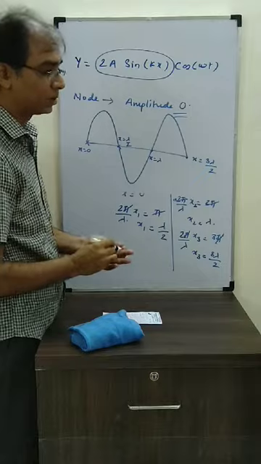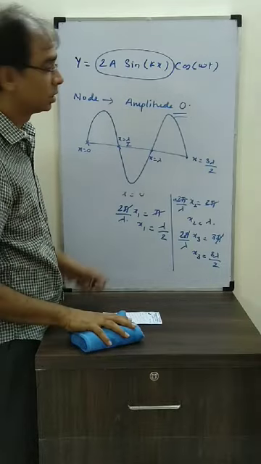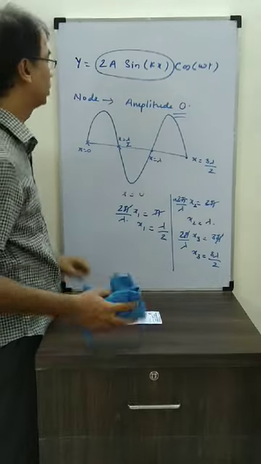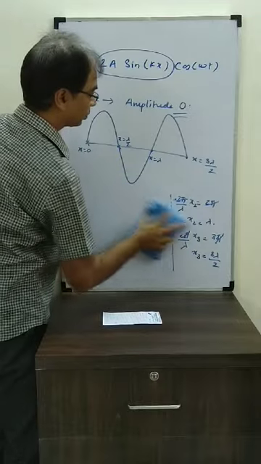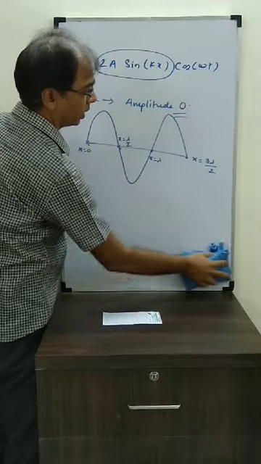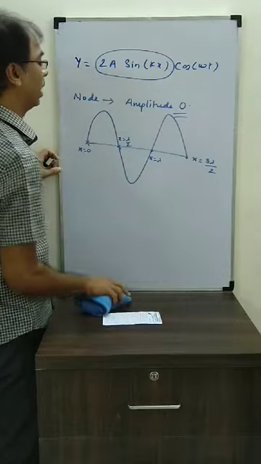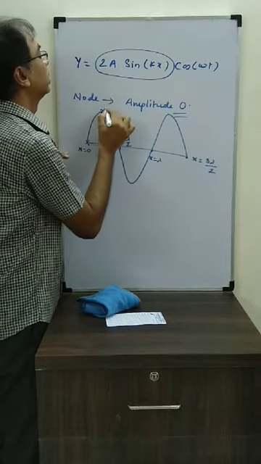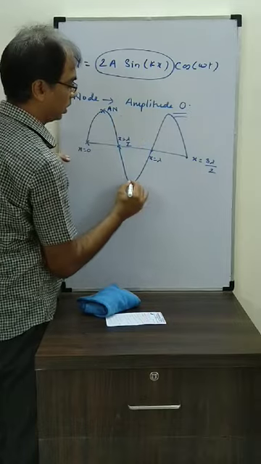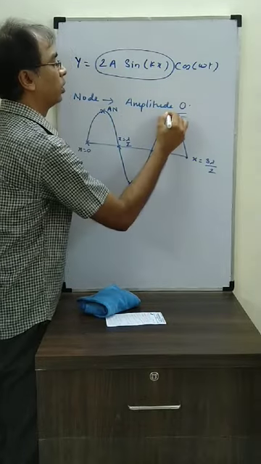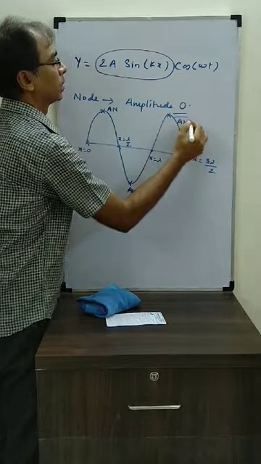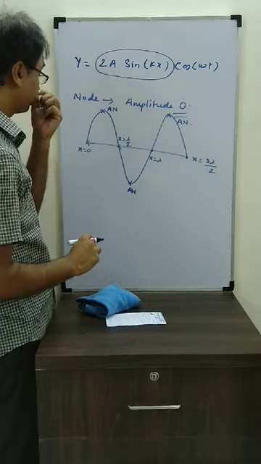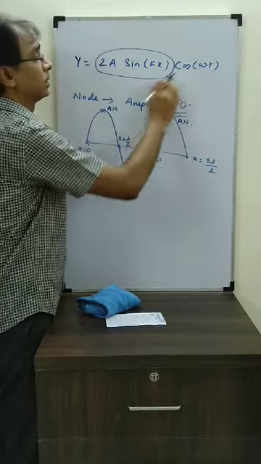Exactly the same way, we will try to find the position of antinodes for the same wave. Now what are antinodes? Antinodes are the points where we have maximum amplitude. This point here is an antinode, this point here is an antinode, and this point here is an antinode. Again, the amplitude of the standing wave is this.